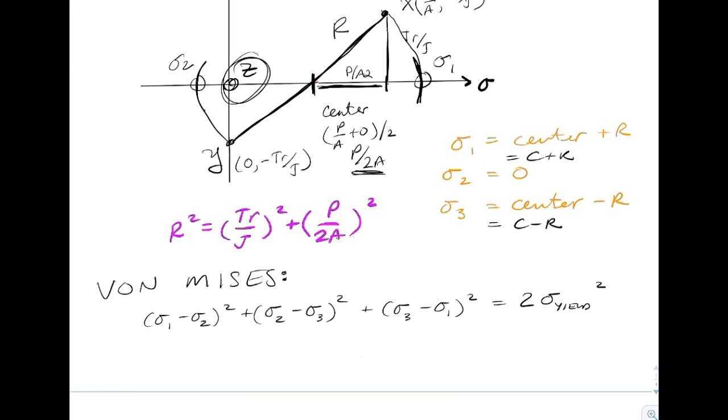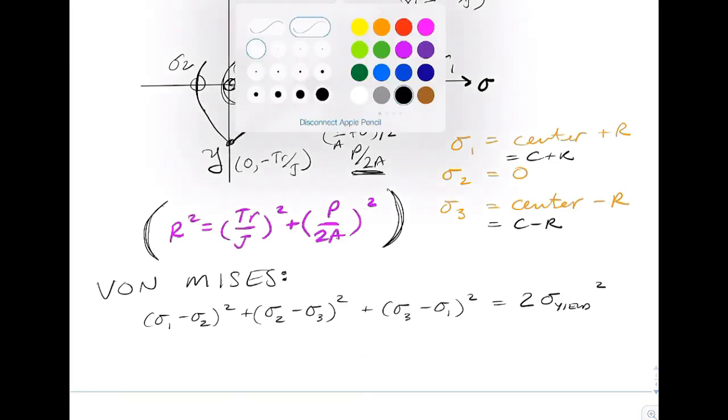When that is equal to 2 sigma yield squared, then we have yielding. And so when they're equal, that would be just before yield. So this equation we are going to manipulate, and then we're going to end up meeting with our r squared equation. So to start with, we're just going to plug in what we know for sigma 1, 2, and 3.